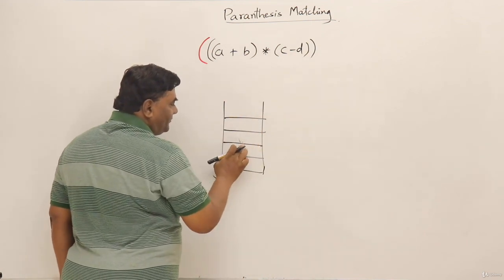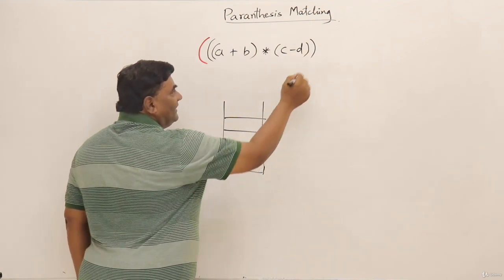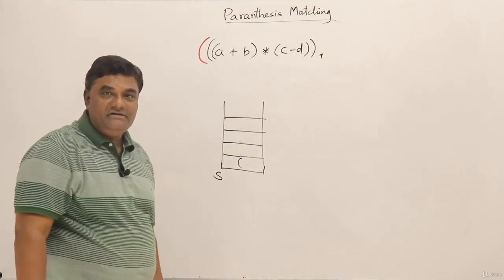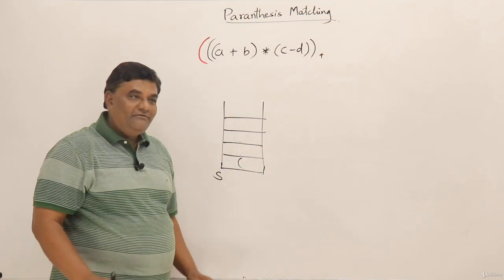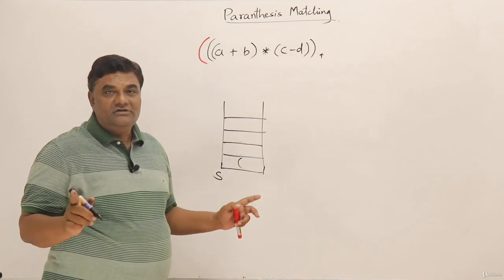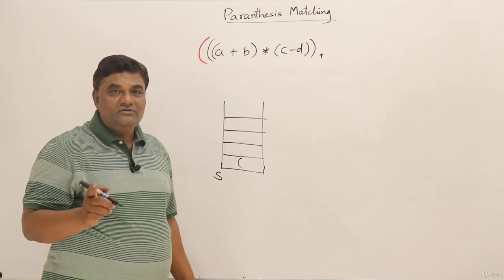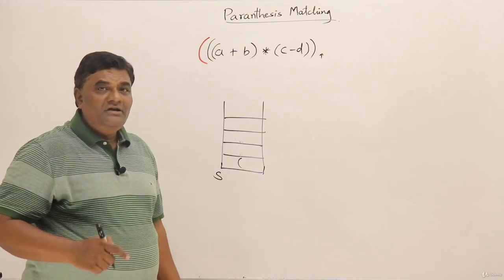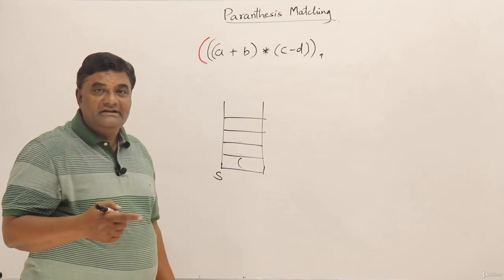Closing bracket, pop out. End of expression. But the stack is not empty. There is something left over for which there is no match found. So it is not matching. Parentheses are not balanced.